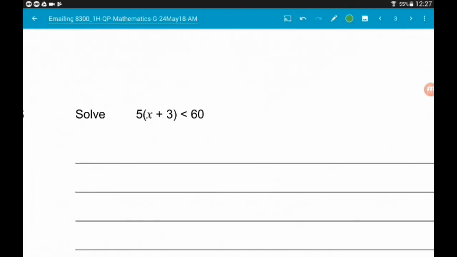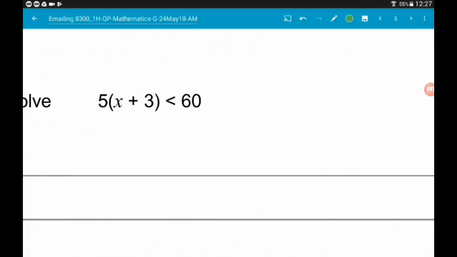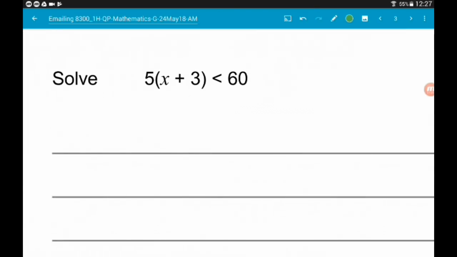Question 5 wants us to solve 5 lots of x plus 3 is less than 60. So we could expand the bracket, or we could divide that 5 away straight away because it's multiplying the bracket.